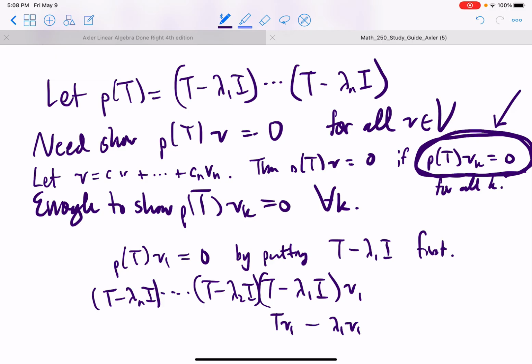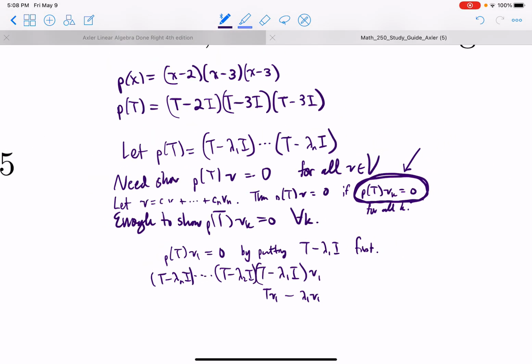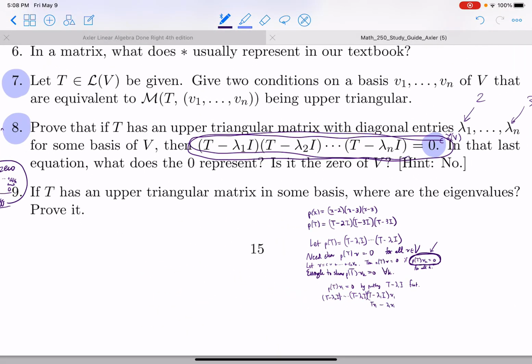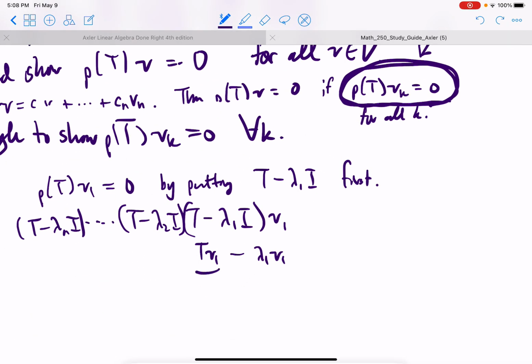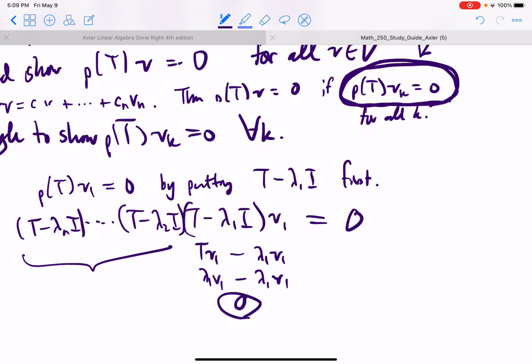But v1 is an eigenvector because the matrix is upper triangular with diagonal entry lambda 1. So when we do T of v1, we just get lambda 1 v1, and that is clearly 0. And then when you apply the rest of these things to 0, you still get 0.